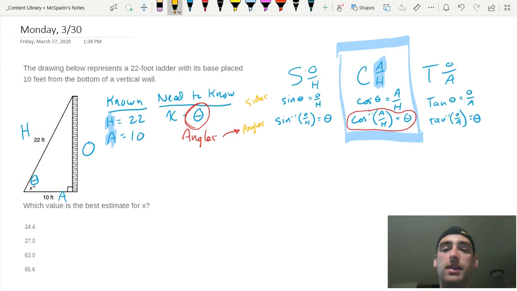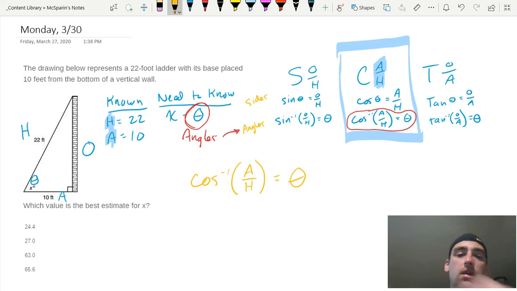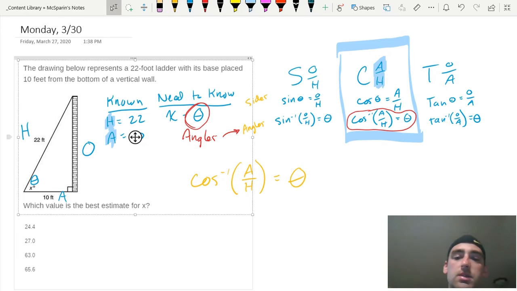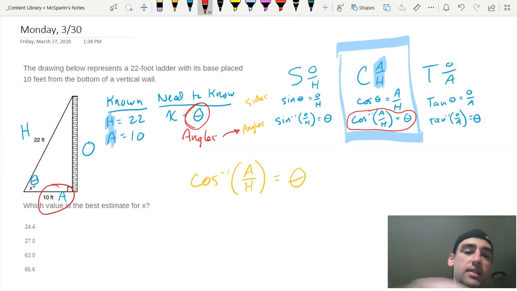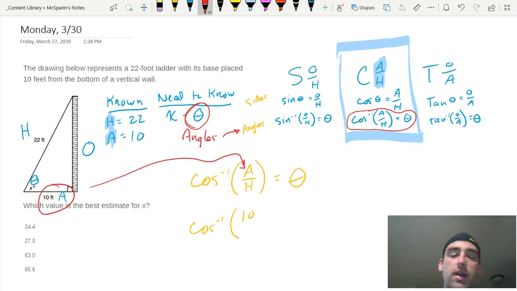So let's go ahead and write that out. Inverse cosine of A over H equals theta. Now I know that, let's see, what color do I want to use here? I'll use red. I know that A is 10. So when I rewrite this, I can say cosine inverse of 10, because look, that just went there.